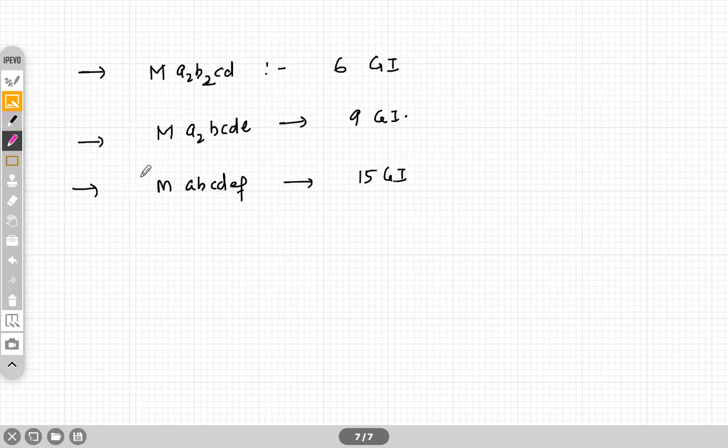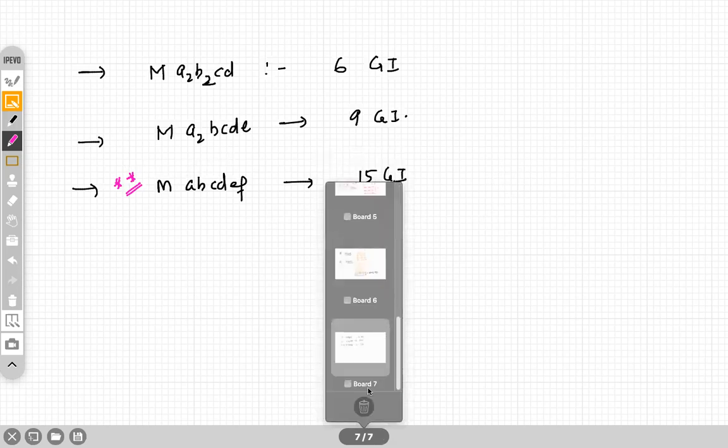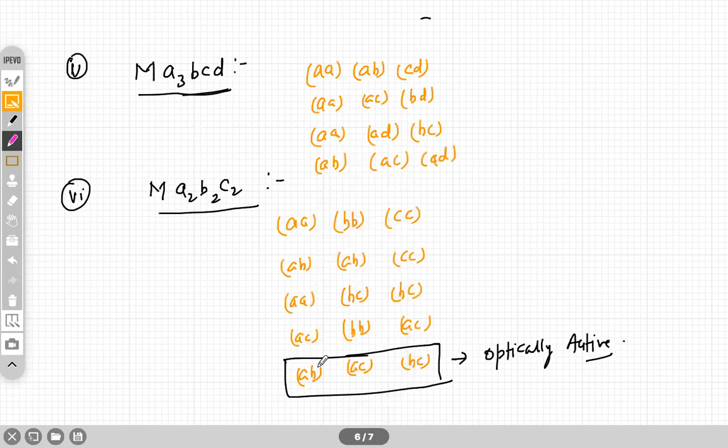Okay, and here we get this one. This has been asked in the NEET exam, the last one. Which one is the fourth one? This one, the 5th one. No, sir, the MA3BCD. AB, AC, AD. You're talking about the 4th sub example, AC, AD.